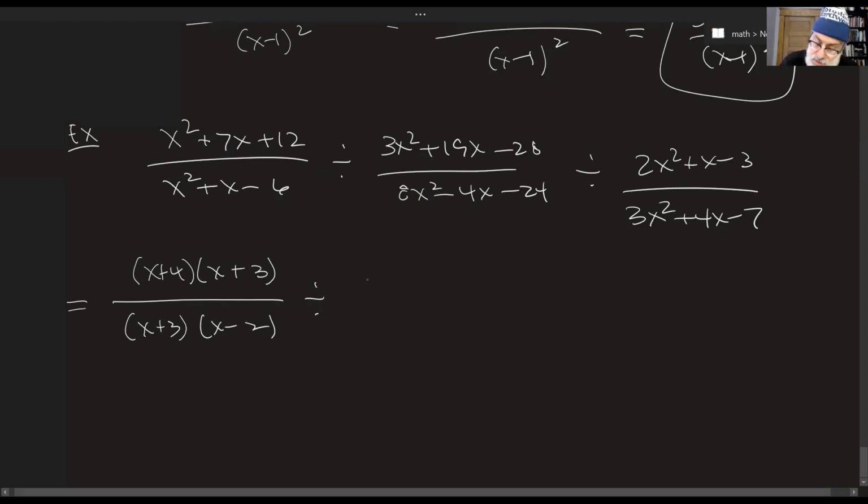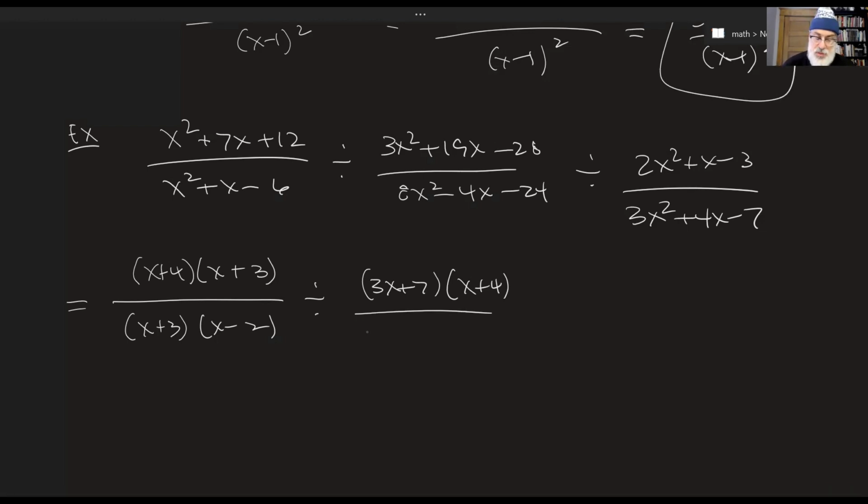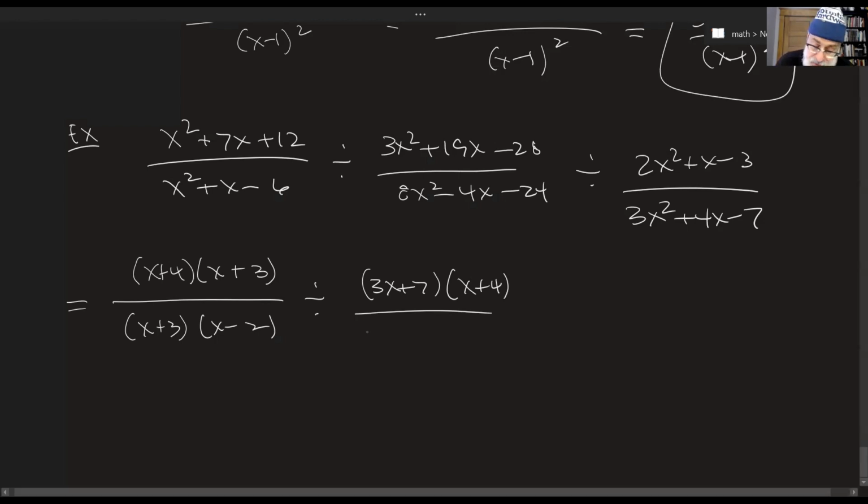Then we're going to do this one, 3x plus 7, x plus 4. Two-step factorization. There's a like term here, it's 4. If I take 4 out, I'm left with 2x squared minus x minus 6. So that would leave us with 4 times 2x plus 3, x minus 2.